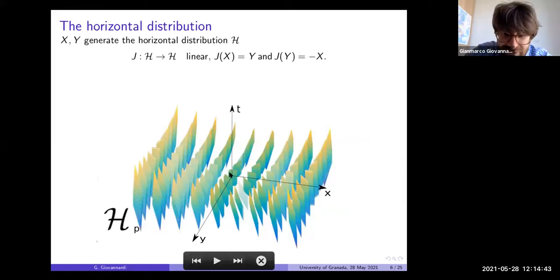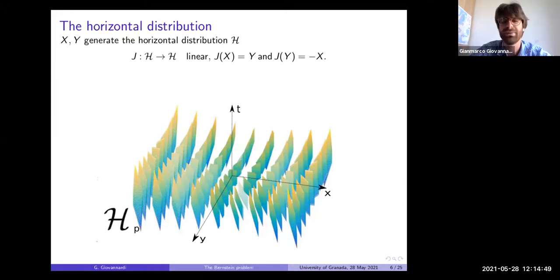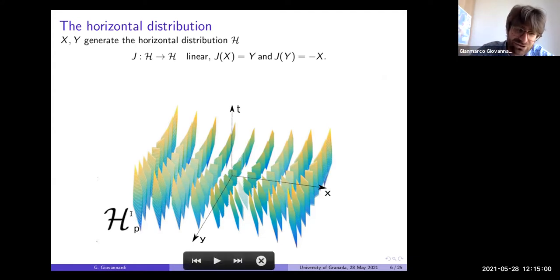If you look at this image here, you have the xy plane and the whole t-axis. But when you move the points, these planes start to rotate, changing point by point. So here there is a representation of this distribution in all the space.